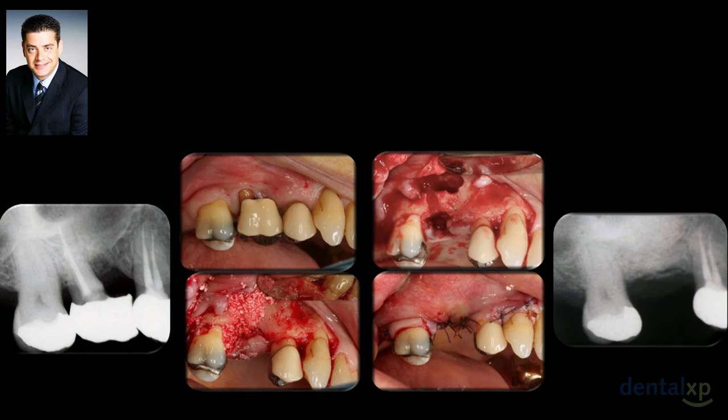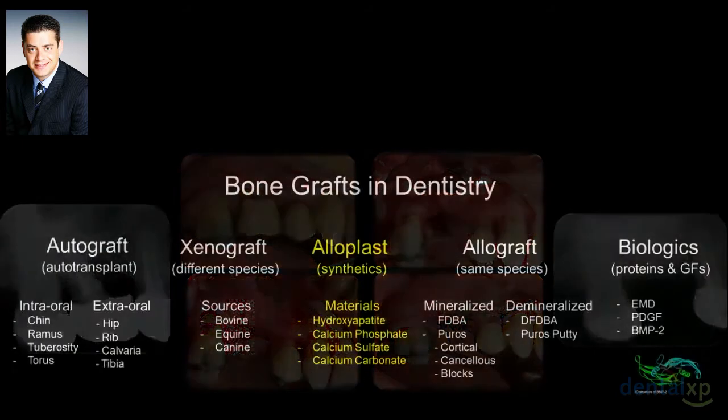A good example of that would be a sinus augmentation procedure. In this case, you can see from before and after, a significant augmentation was the result of this surgery, so that now an implant can be placed there without a problem.